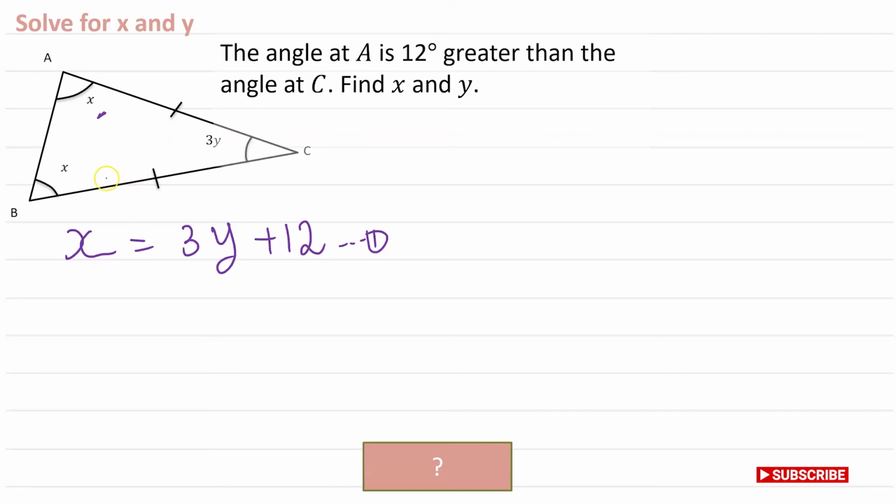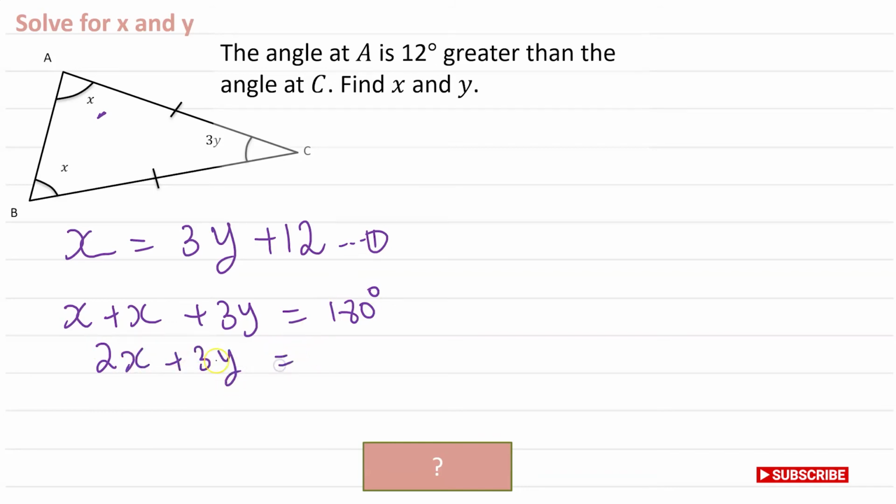Now, I know angles in a triangle add up to 180 degrees. So I can now say x plus 3y is equal to 180 degrees. This will give me 2x plus 3y equals to 180 degrees. Now I'm happy with this arrangement here.